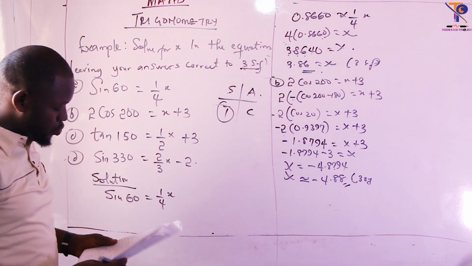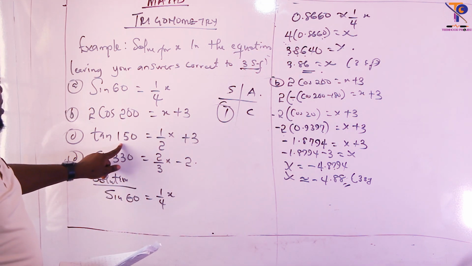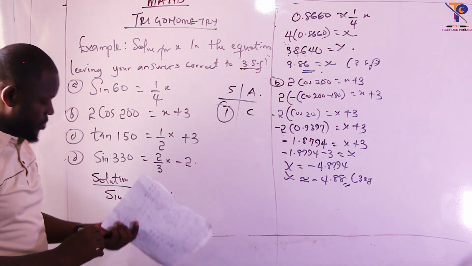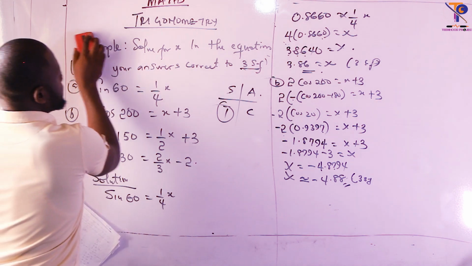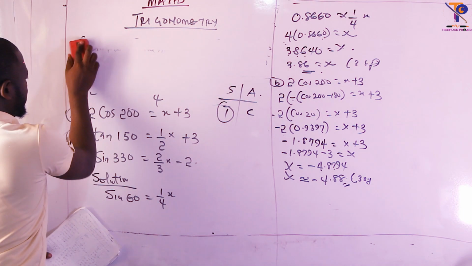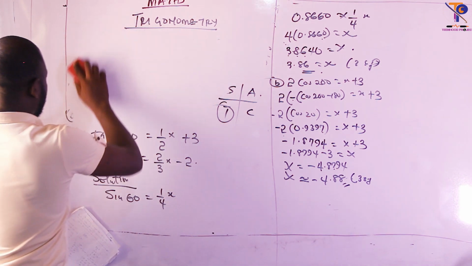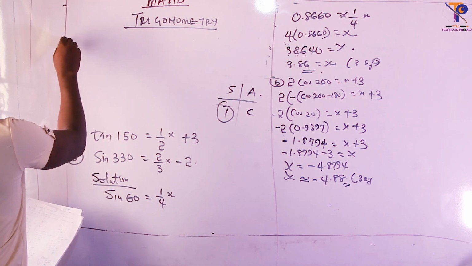So let's move to question 3. That's the third one. I think I can clean up to have a space. Okay, let me clean this part. Okay, so I will have that is C now.